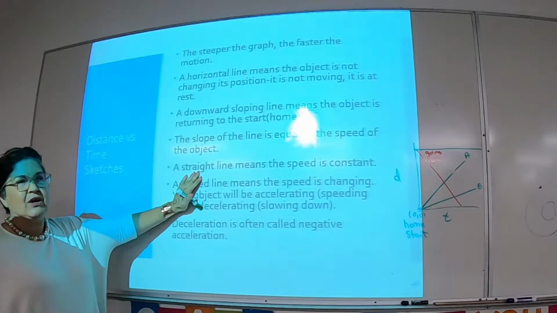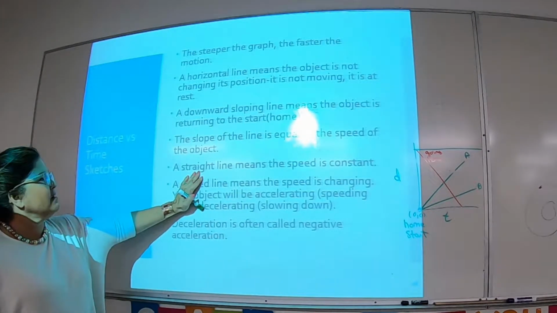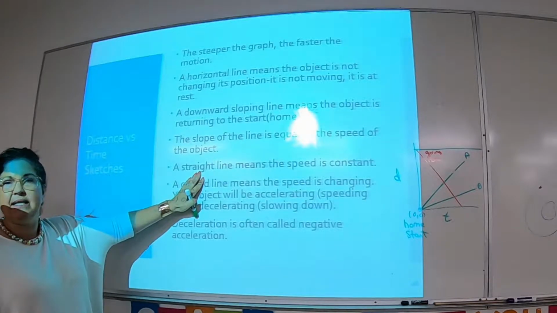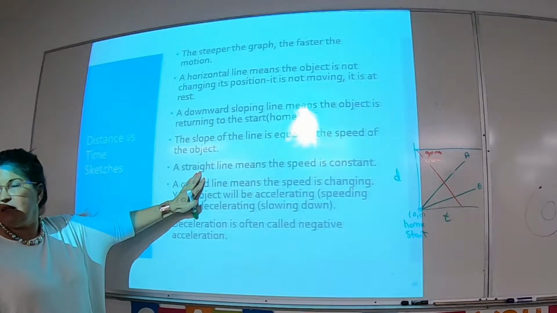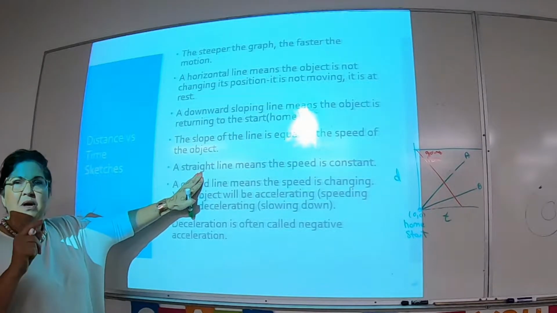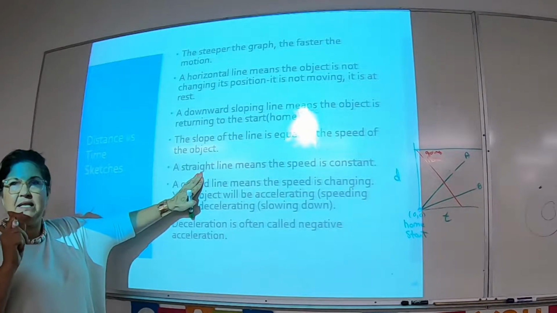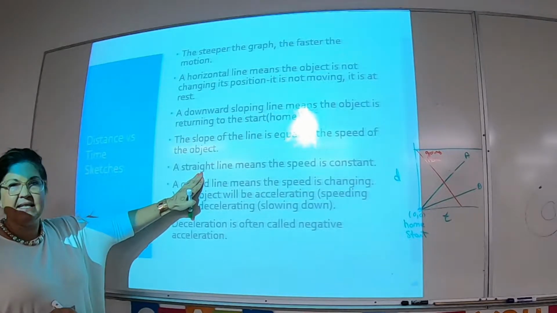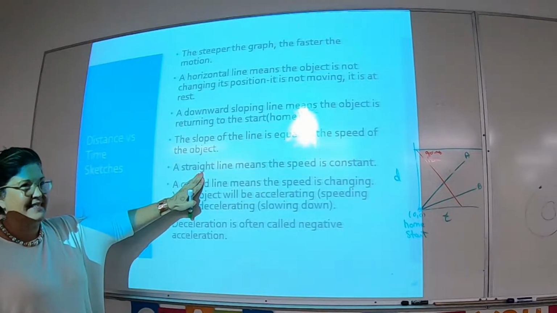If we have a straight line, which all of these are, it means the speed is going to be constant. Why? Because the slope of your line is going to be equal to speed, and in this case, speed is constant.